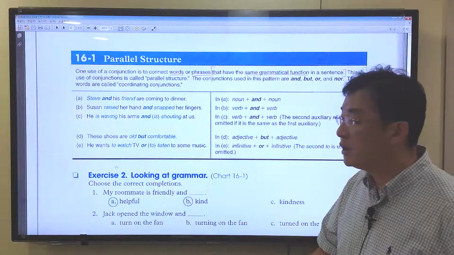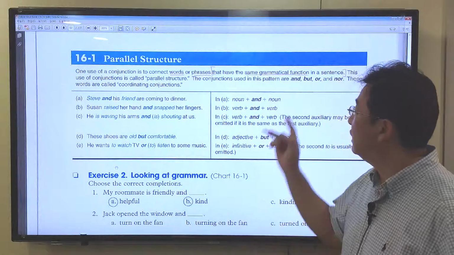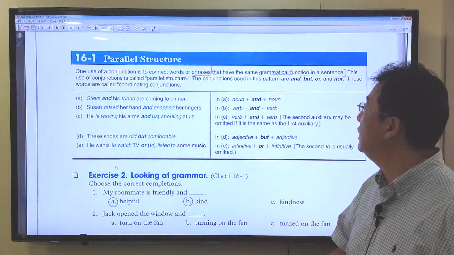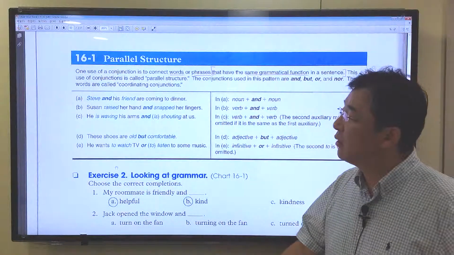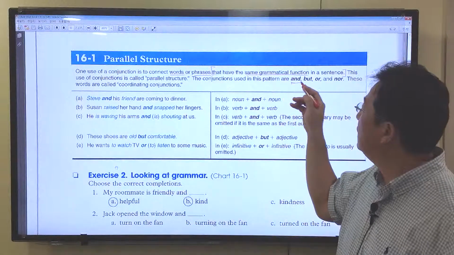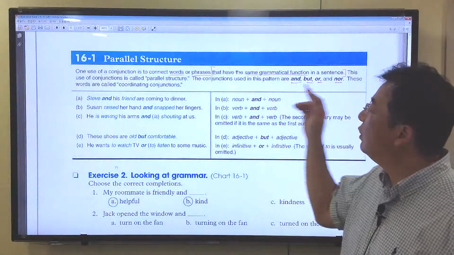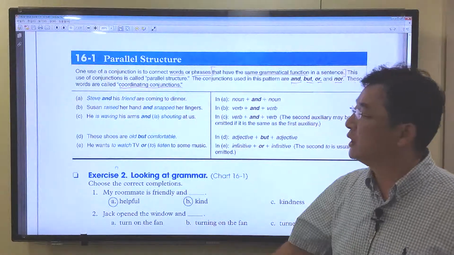So parallel structure connecting conjunctions에는 어떤 것들이 있다는 말입니다. And, but, or, so, nor 이런 것들이 있답니다. 그죠? So these words are called coordinating conjunctions. 그래서 이런 것들을 문법적인 용어로 coordinating conjunctions, 대등 접속사라 부릅니다.